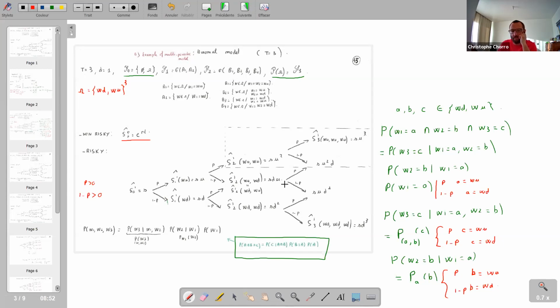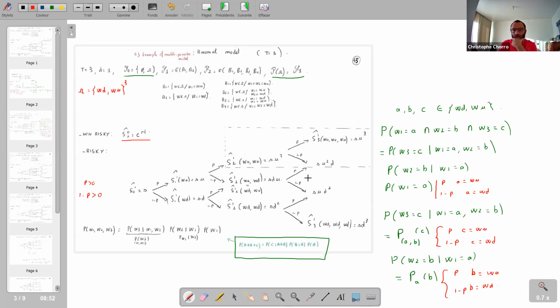So in fact I have several conditional probabilities. Mainly, I have 7 conditional probabilities, because this model of size 3 with 3 periods may be seen as a succession of 1, 2, 3, 4, 5, and in fact 6 sub-models of size 1, because I have a recombining tree in this situation.